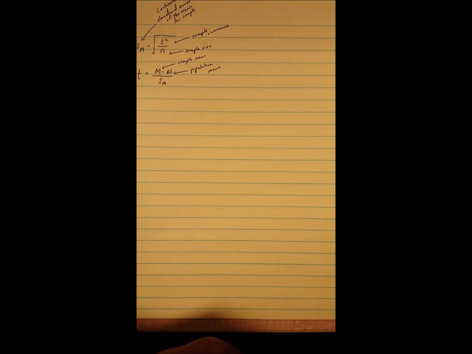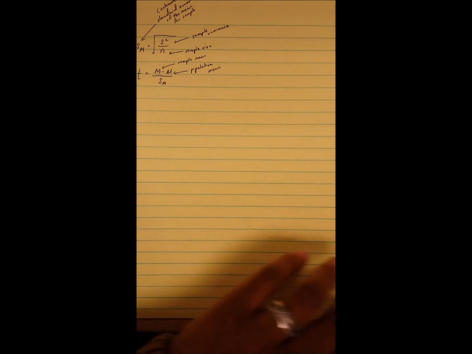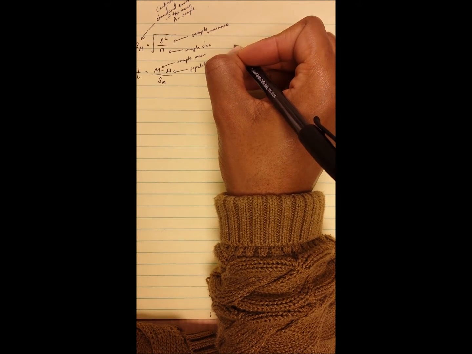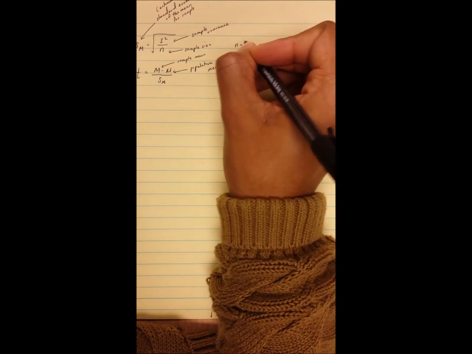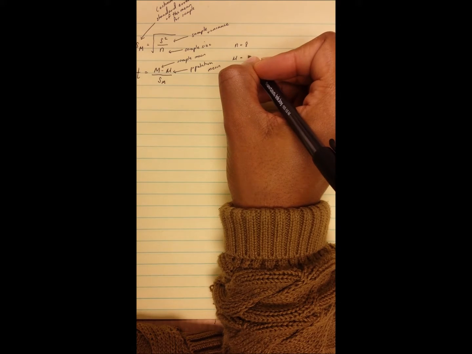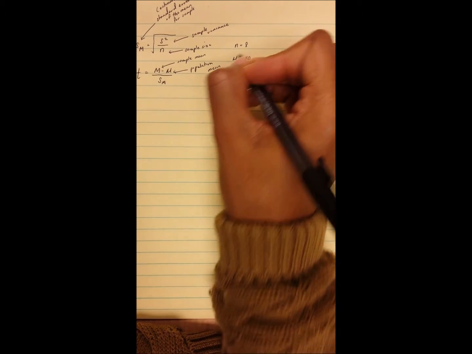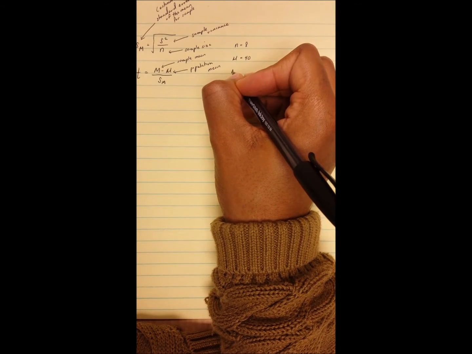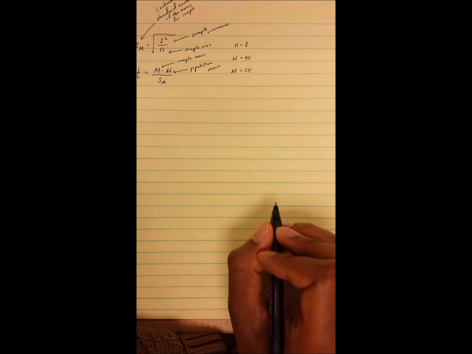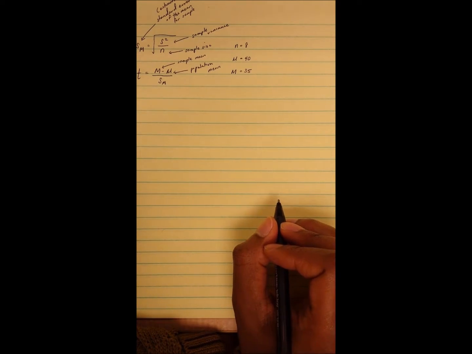So at this point, let's go ahead and work an example. Let's say we had a sample size of n equals 8. And in our problem, we were given a population mean of 40, and we had a sample mean of 35. Okay.